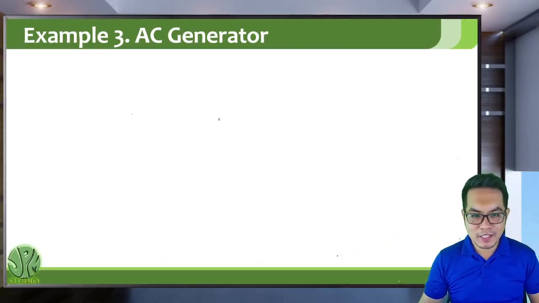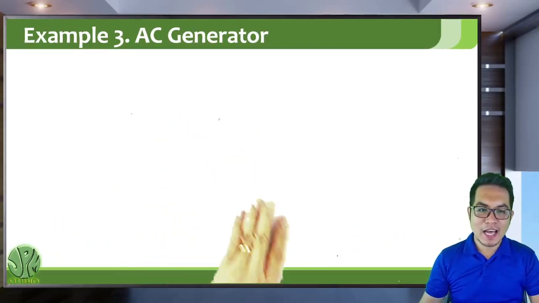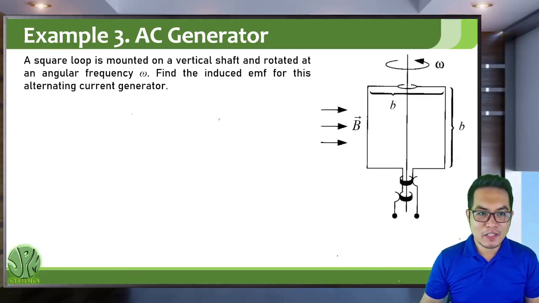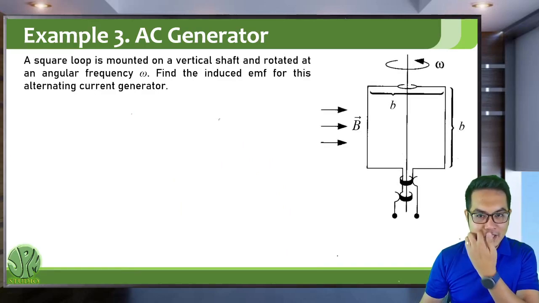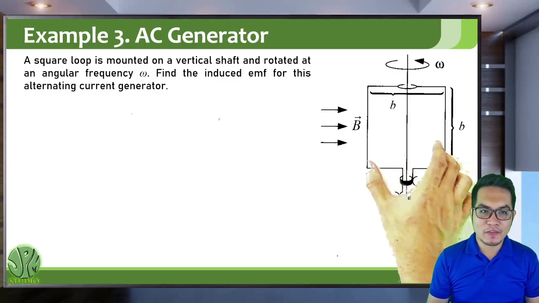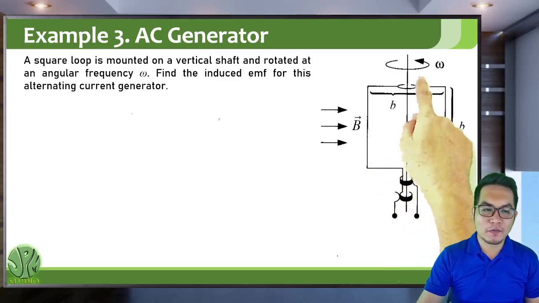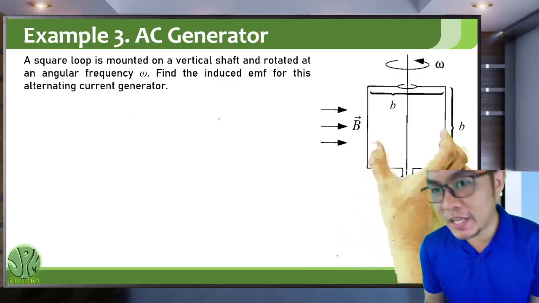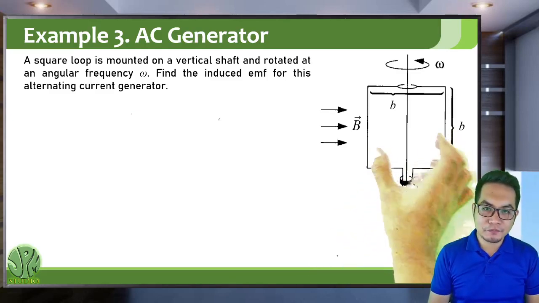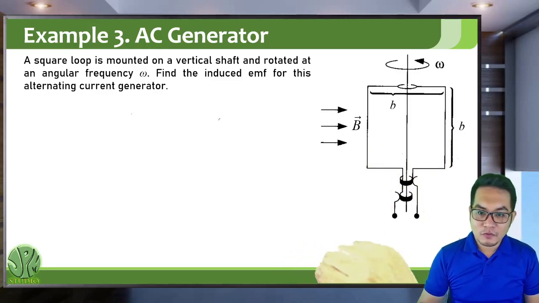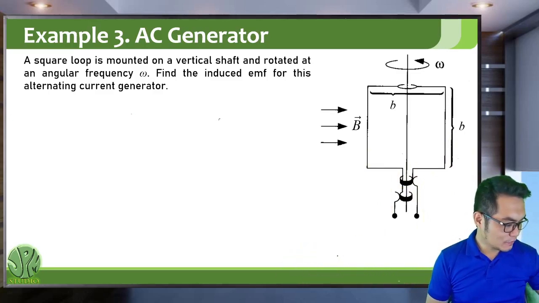Okay, last example. An alternating current generator, AC generator. So you have a square loop and you mount it on a vertical shaft and rotate it at an angular frequency omega. Find the induced EMF for this alternating current generator. So this will actually generate alternating currents that are constantly changing direction.